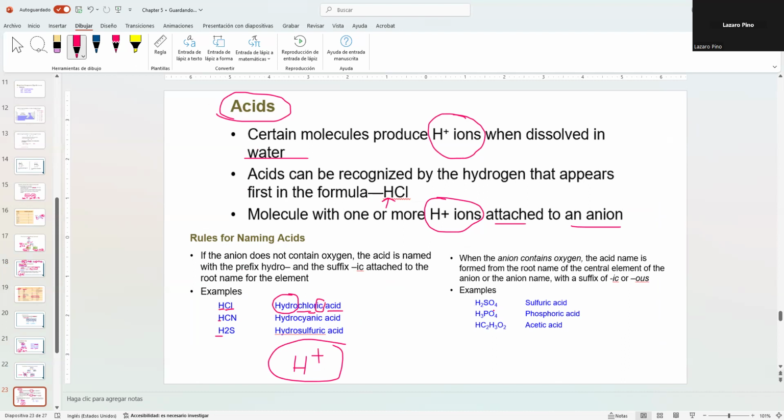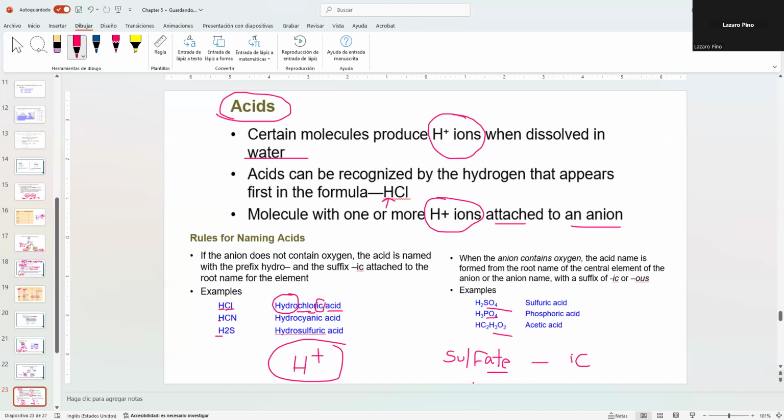Well, in the other case, it's not a binary compound, we have polyatomic ions. In this case, what are we going to say? Well, if the anion is sulfate, you will change the ending ate to ic.